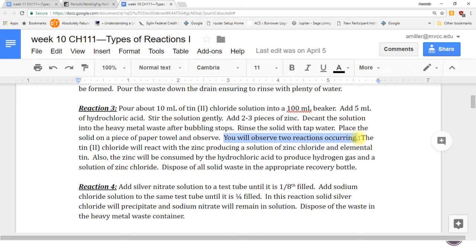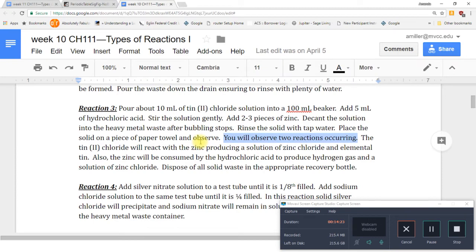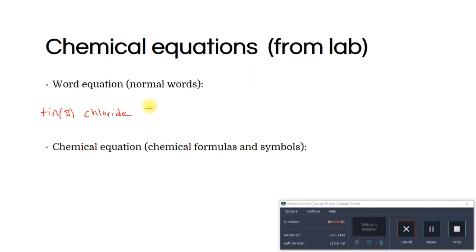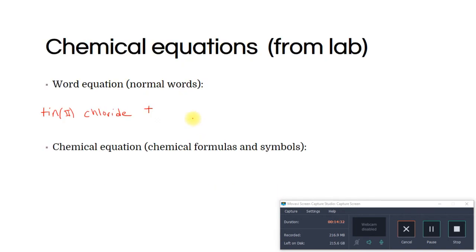And it says the tin 2 chloride will react. So tin 2 chloride, we're going to put that down. And then it says will react with. So will react with is a plus sign. The zinc, so zinc is Zn.